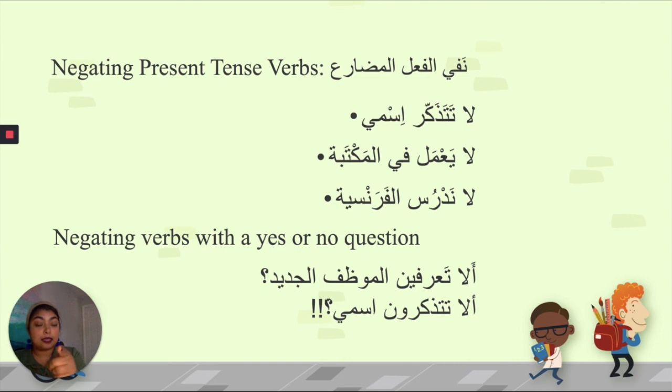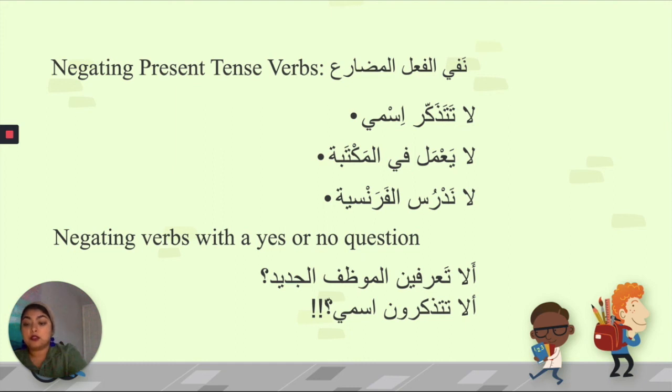Don't you, أنتِ تعرفين, don't you know الموظف الجديد? What is الموظف الجديد? Employee new, the new employee. Don't you know the new employee? ألا تتذكرون اسمي? Don't you guys remember my name?